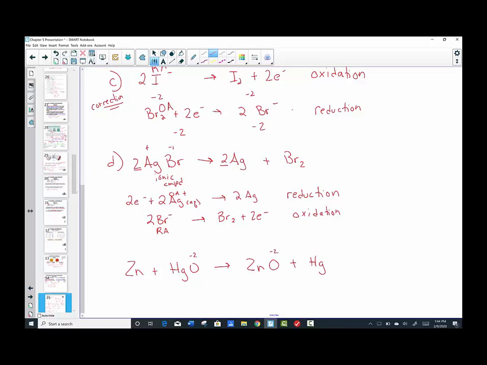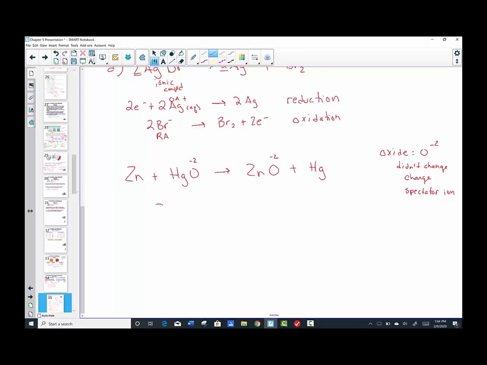It just stayed as the oxide. It's O-2, and it didn't change charge. Do you remember that word? That word for something that's in the reaction but did not do anything in terms of changing charge is called a spectator ion. So you can really just get rid of your spectator and rewrite your 2 equations such as this.